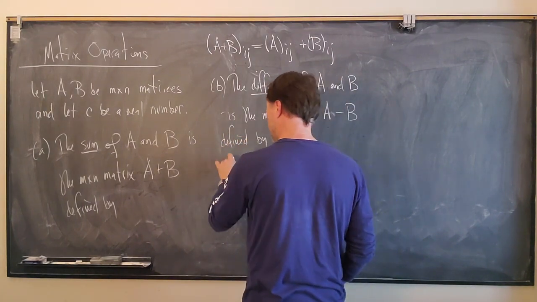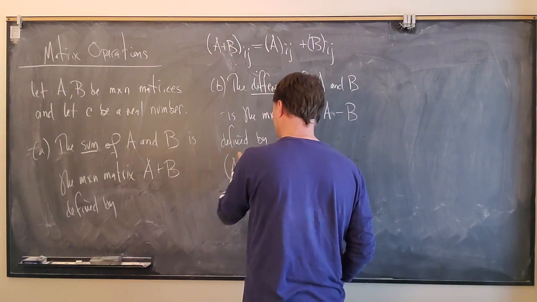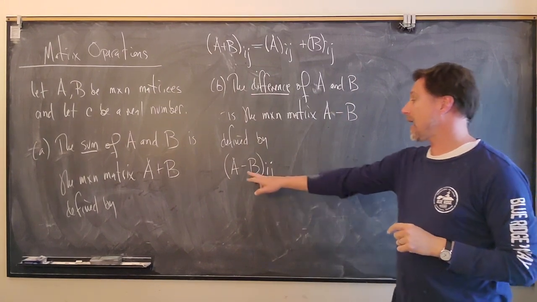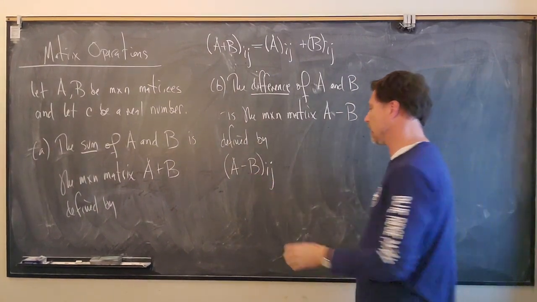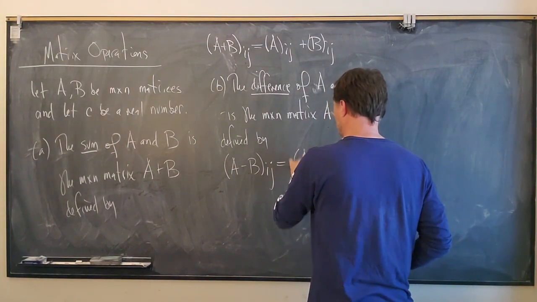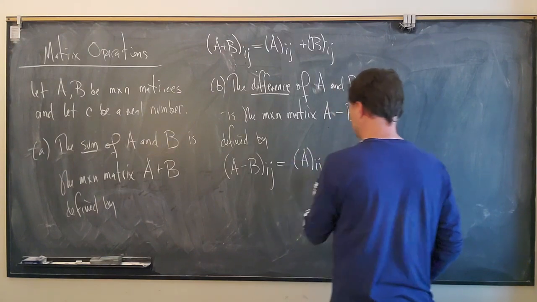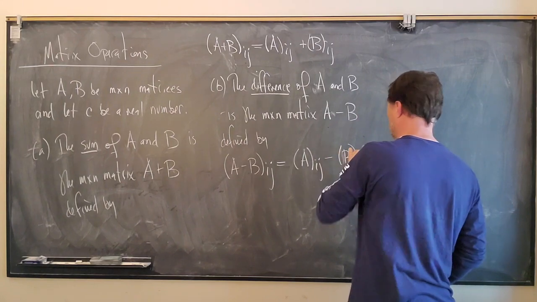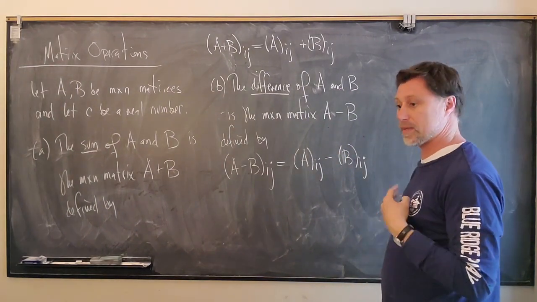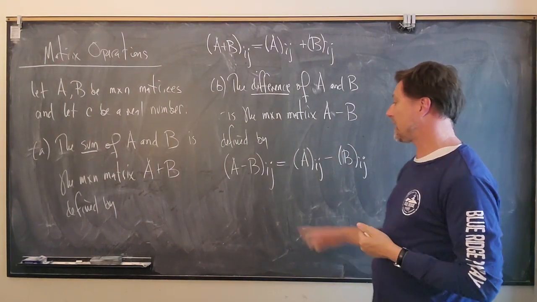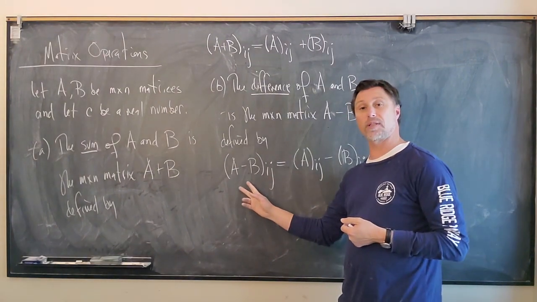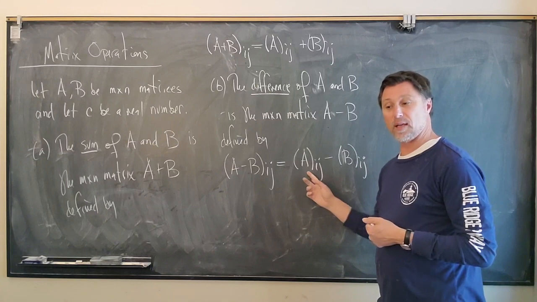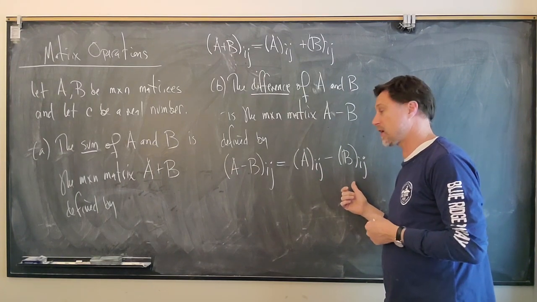And so now I need to tell you who the entries of A minus B are. So (A minus B) sub ij is equal to A sub ij minus B sub ij. So what does that mean? To find the ijth entry of this matrix A minus B, take the ijth entry of A, subtract from it the ijth entry of B.